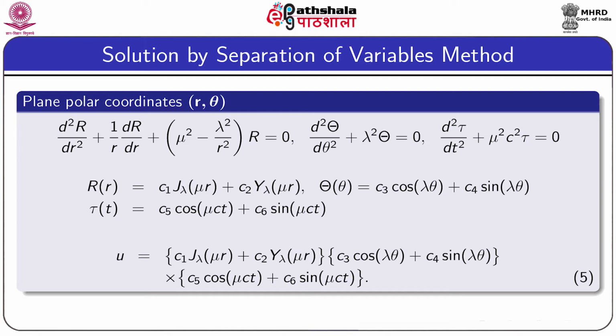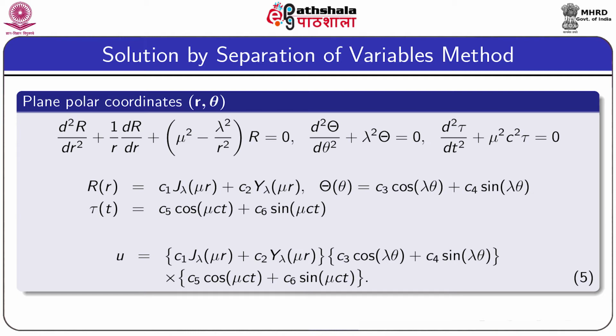Similarly, we can obtain the solution for tau as a linear combination of the sine and cosine functions: C5 cos mu Ct plus C6 sin mu Ct, where C1, C2, C3, C4, C5, C6 are arbitrary constants, and the values of these constants can be obtained from the supplied initial and boundary conditions.